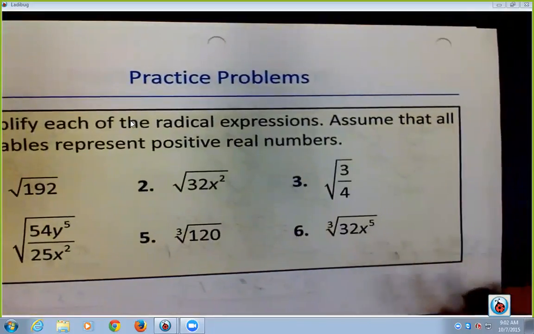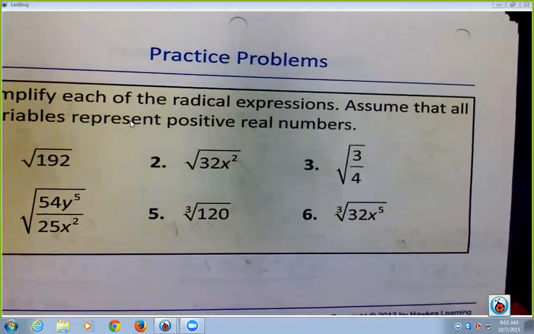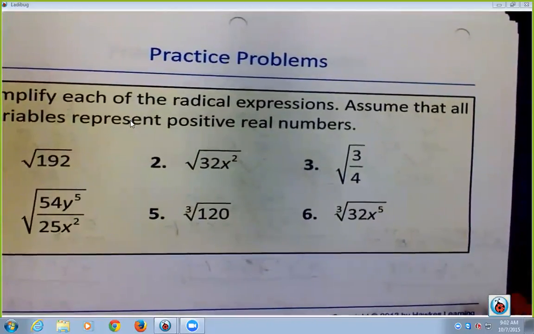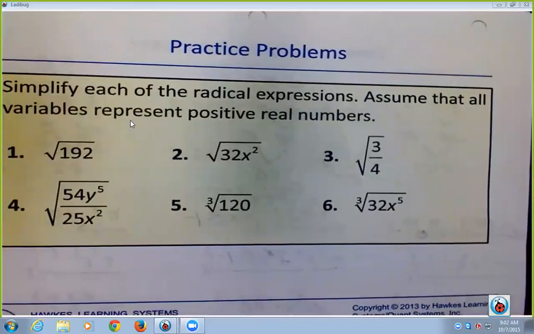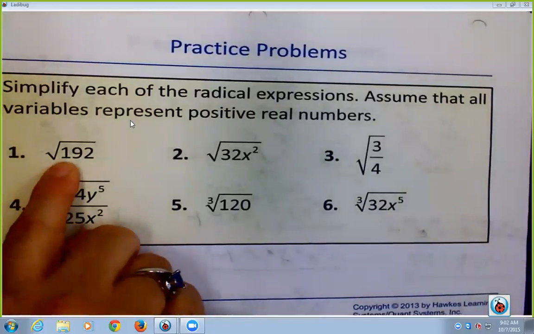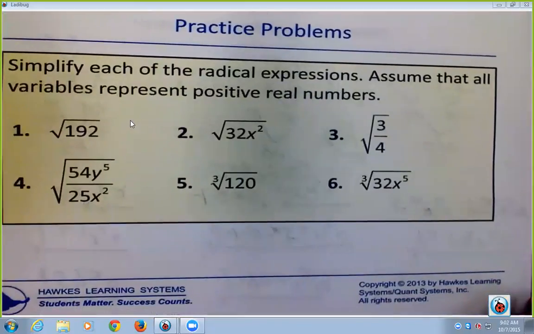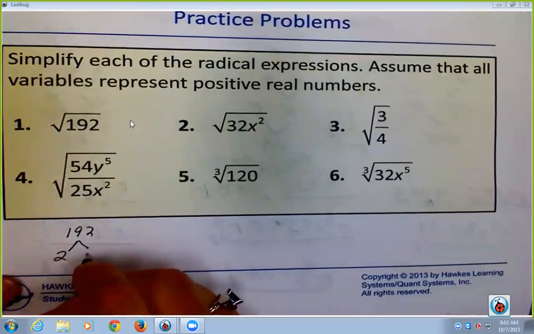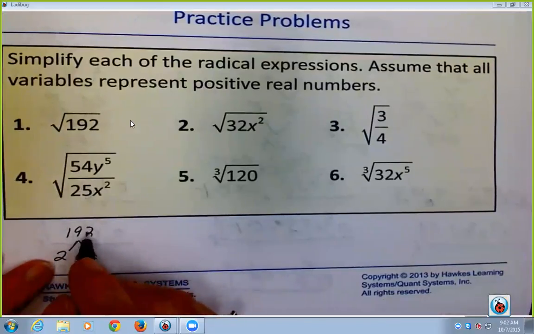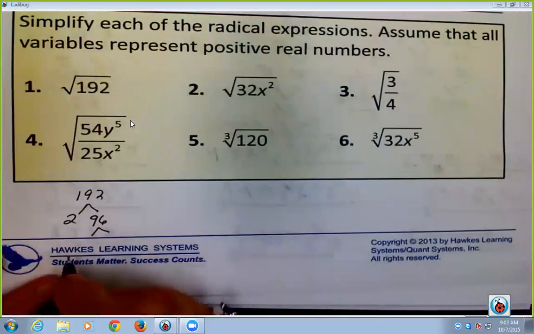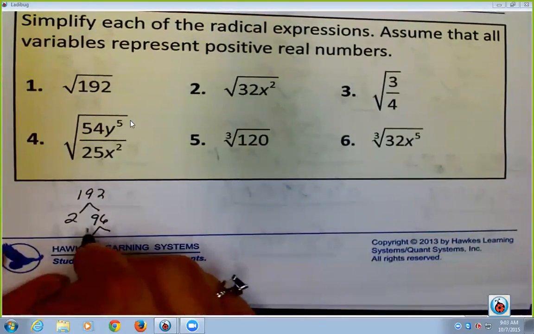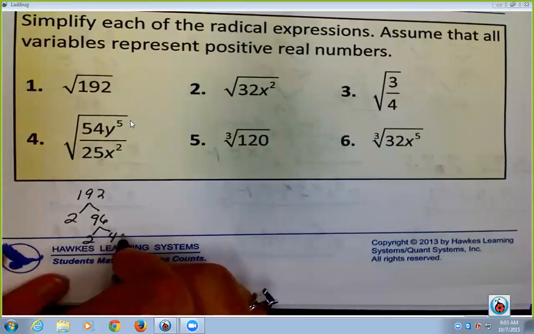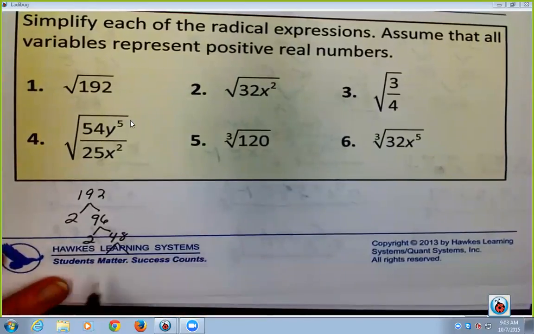And then there's some extras in here that are examples of some practice problems. So let's go through these and see if we can break them apart and come up with what our values would end up being for those. 192. So if we break 192 apart, that one breaks apart.